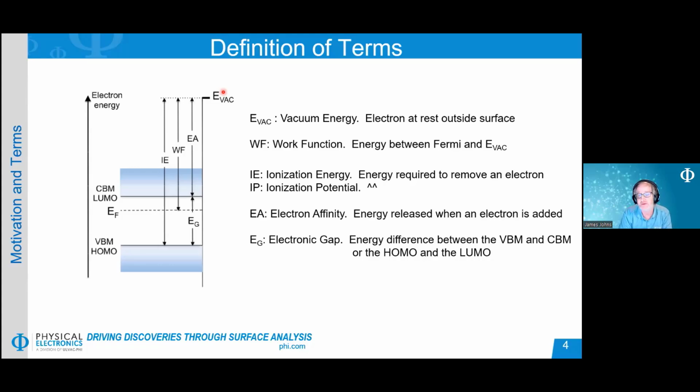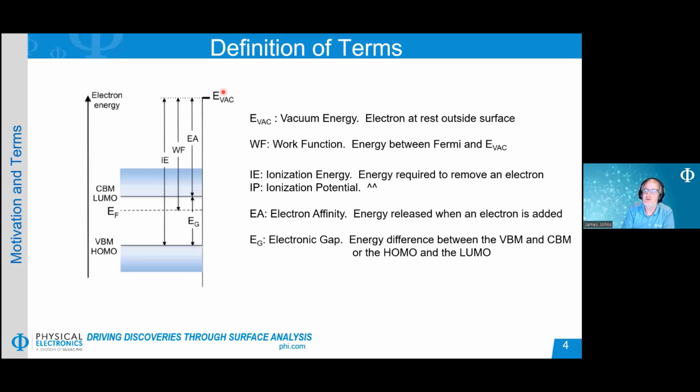You can tell that, by definition, it's the energy of an electron outside the surface of the material. It is surface specific. If I have the same material but I expose a different surface of it, for example, a metal with a different surface plane exposed, the 100 versus the 111 surface, these will have different vacuum levels, because the vacuum level is a product of the surface dipoles, the electrostatics of the surface.